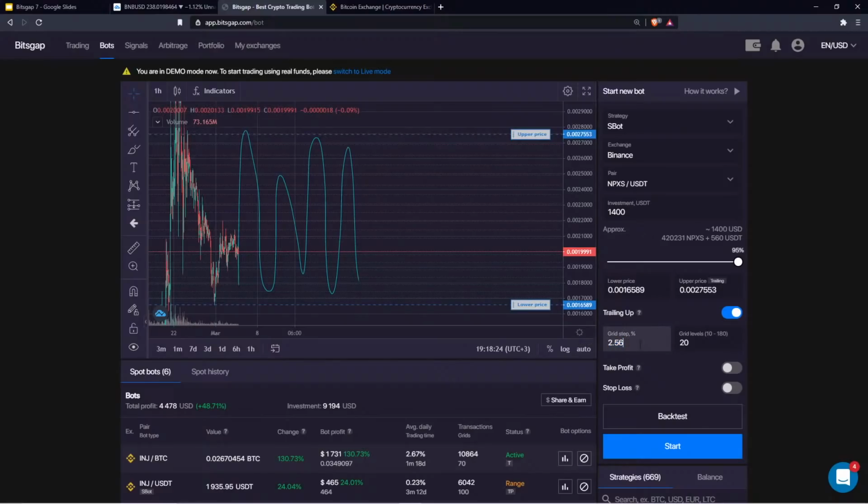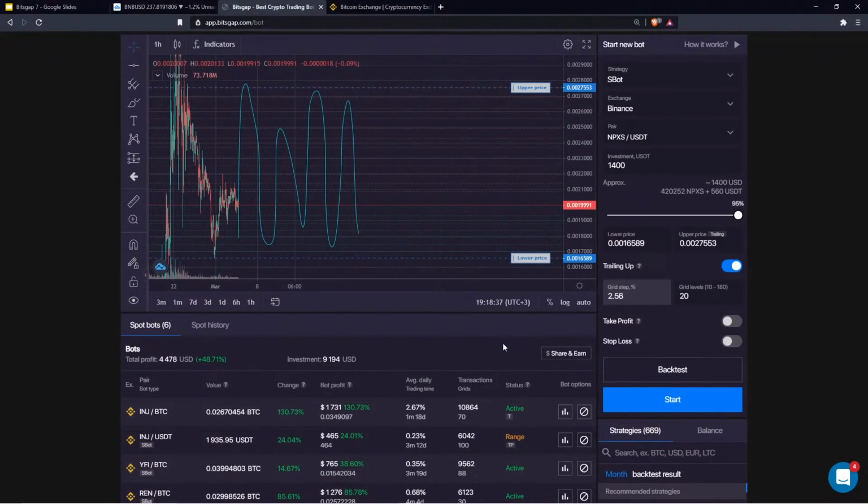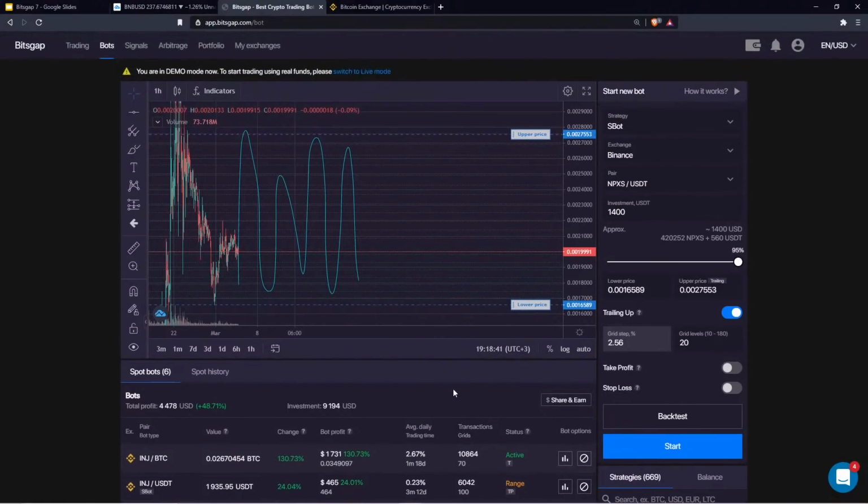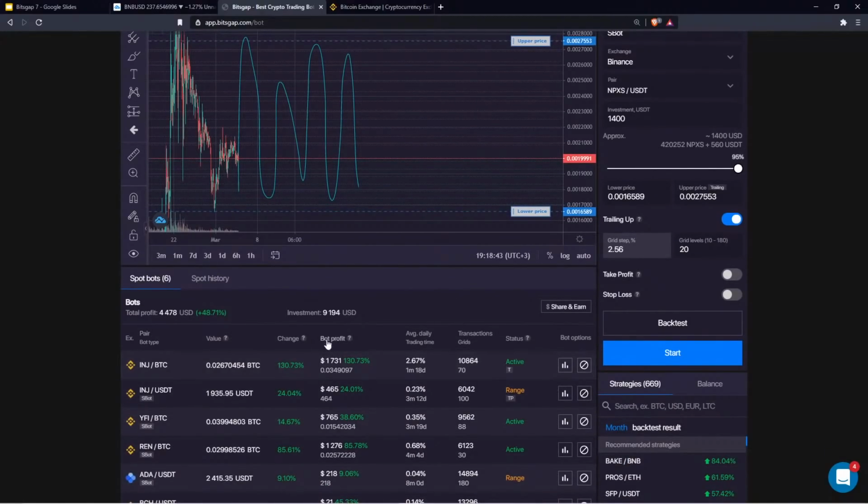And also what you have to remember is that the fee is taken into account in this calculation. So the platform calculates fees for you. The profit that you see in this column, which is, for example, ETH trading to Bitcoin, you see profit 1,729, is already net of all fees.